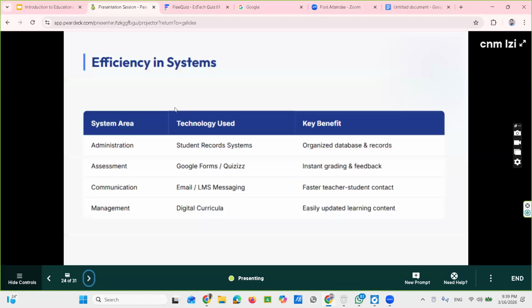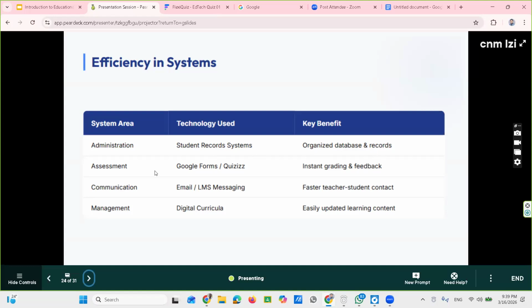Then efficiency in systems. Here is some type of comparison. System area administration: if they are using some system as an administrator, then here it indicates what technology they use. The student record systems, key benefit: organized database and records.